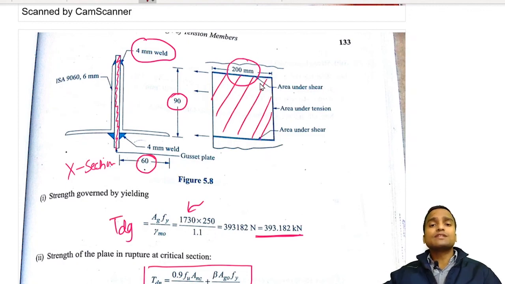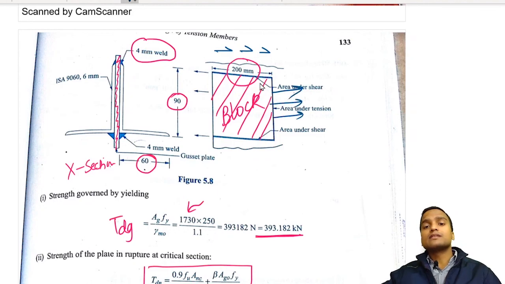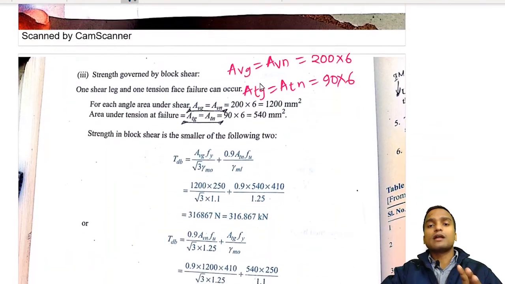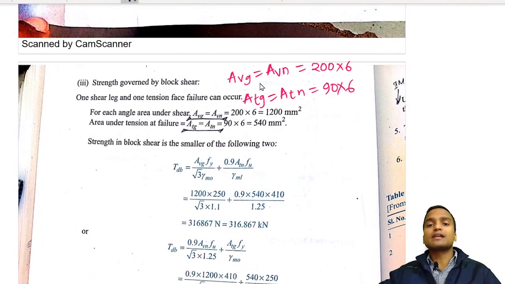In this block, this one is my shear plane, and the length of the shear plane is 200 mm, whereas this is my tension plane, on which the forces are perpendicular, and the length of the tension plane is 90 mm.